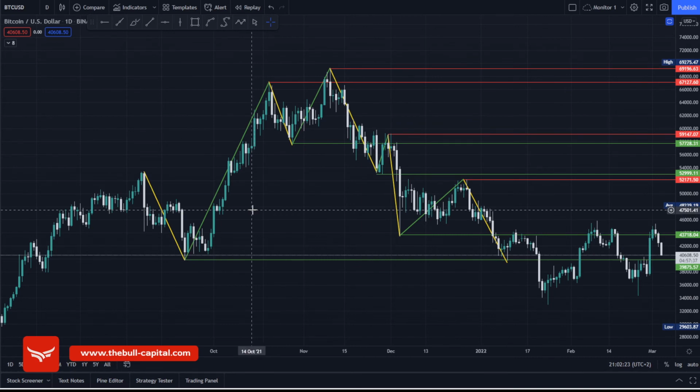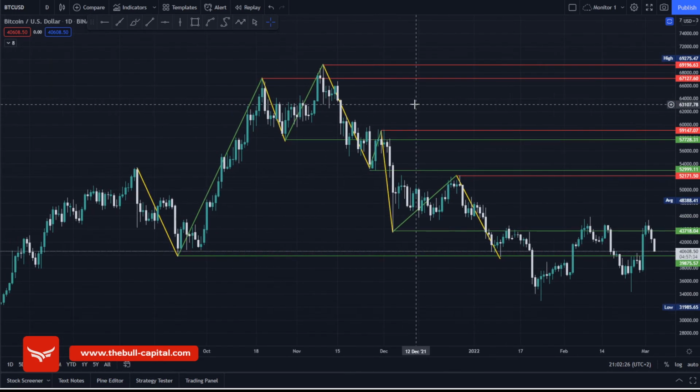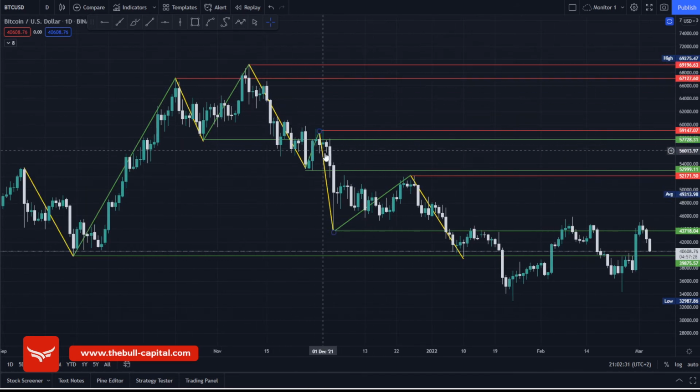Okay, now what you see here: because the price is going lower, it's creating lower highs. That means this high is lower than the previous one, and it's also creating lower lows, meaning this low is lower than the previous one, and this low is lower than this one.